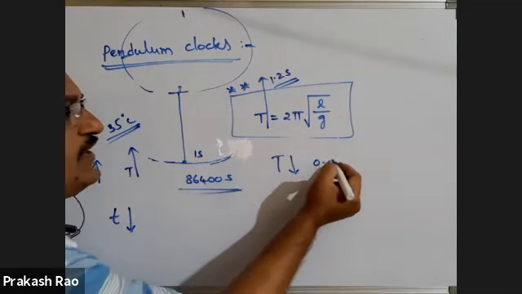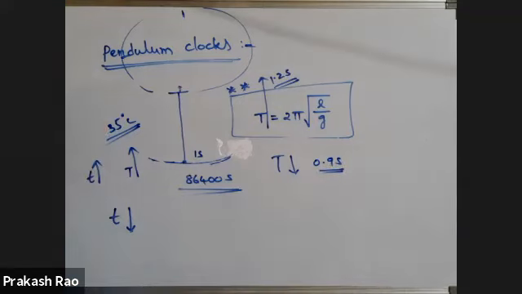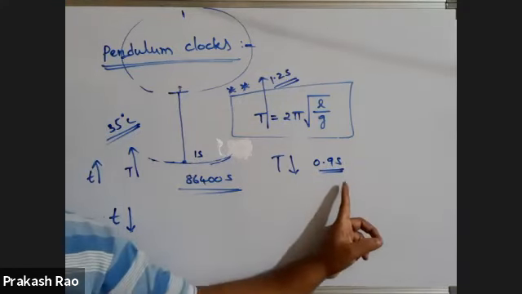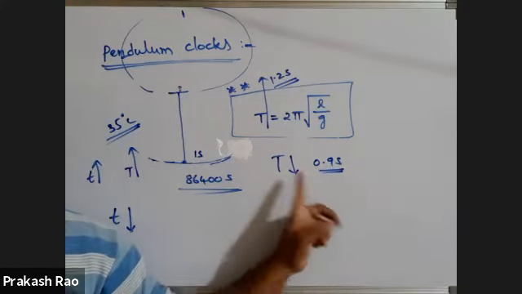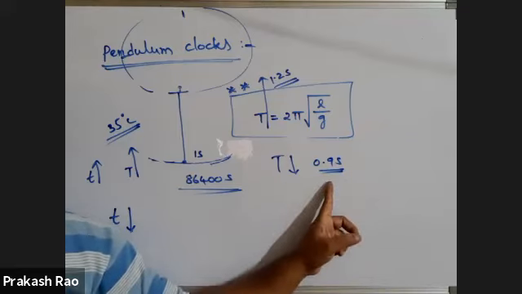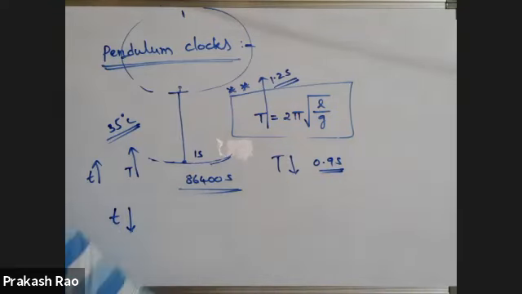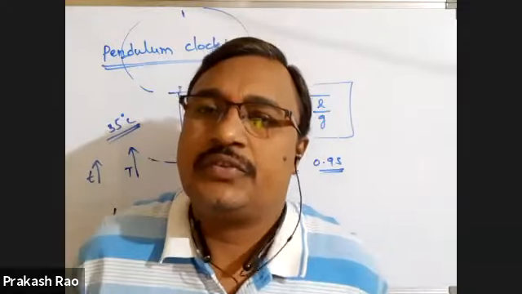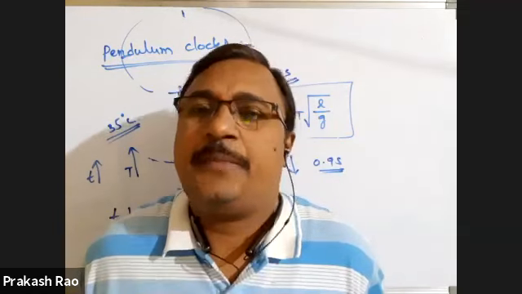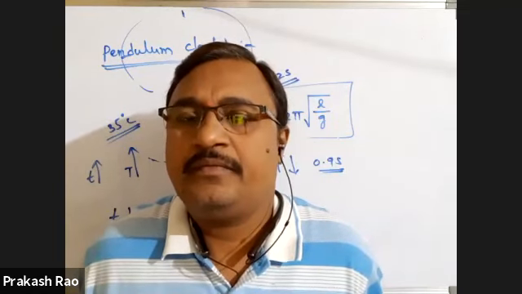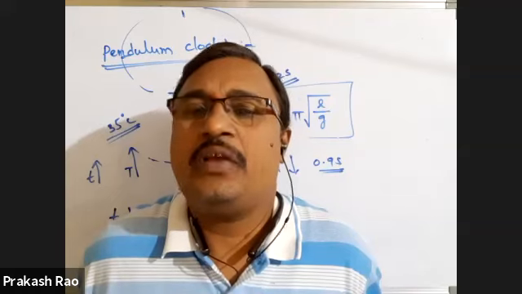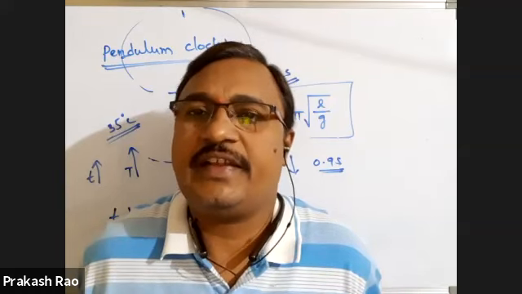Suppose now the time period becomes 0.9 seconds, not 1 second, less than 1 second. When time period decreases, number of oscillations increases. So therefore, a pendulum clock gains time. So therefore, in summer, a pendulum clock loses time, and in winter, a pendulum clock gains time.